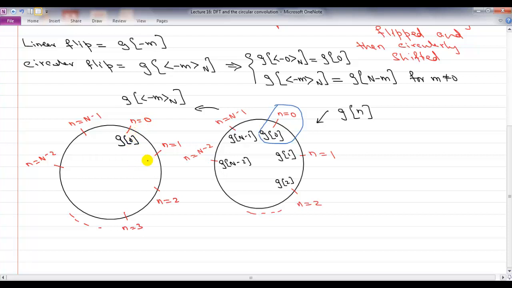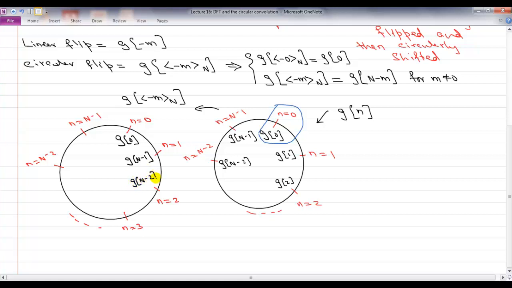But when we go to n equal to 1, what we do is actually start reading values of g from the index n minus 1. So we have g of n minus 1 coming in at index n equal to 1.